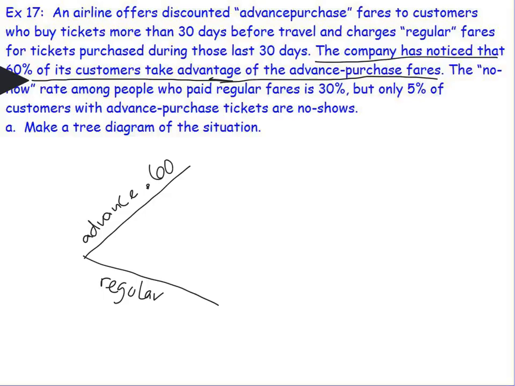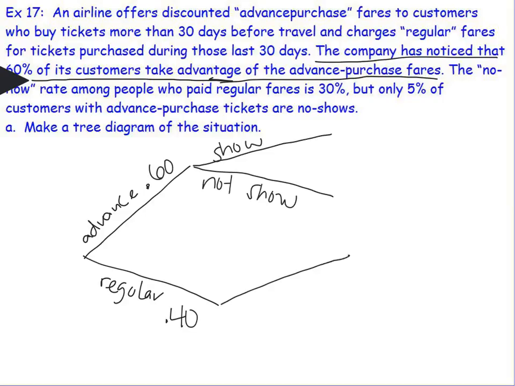If 60% take advantage of the advanced, that means 40% do not. So they've bought their tickets, and now it's time for the flight. They either are going to show or not show, and that's true for both types of tickets.